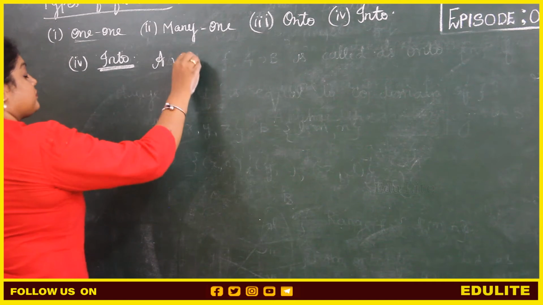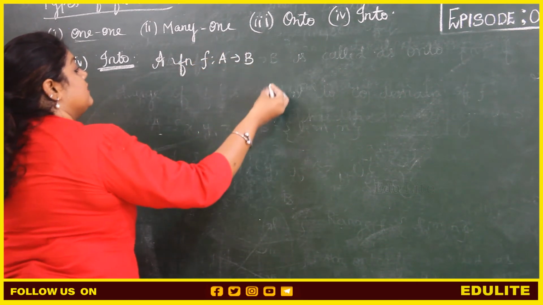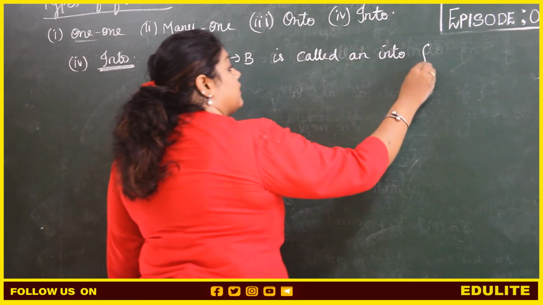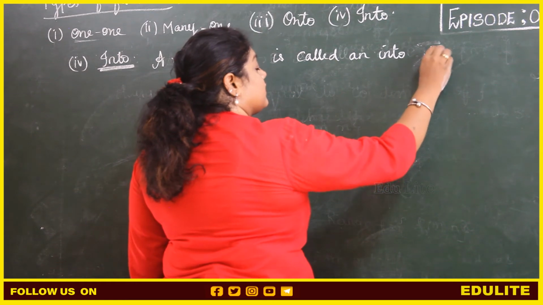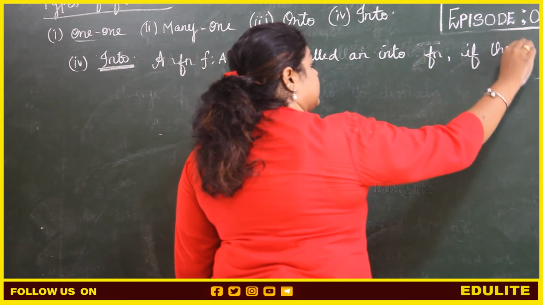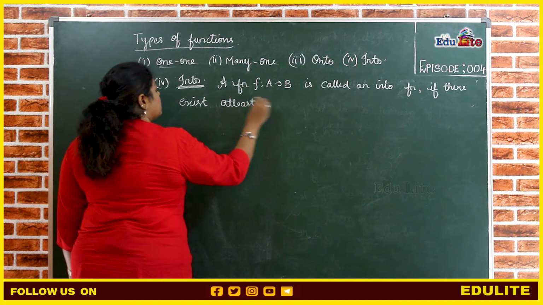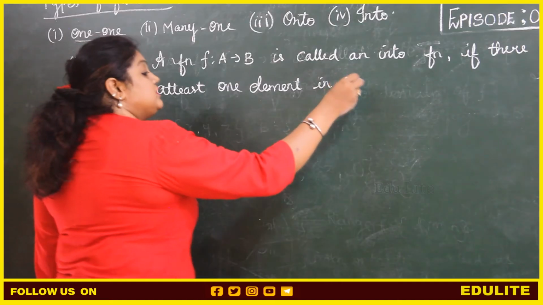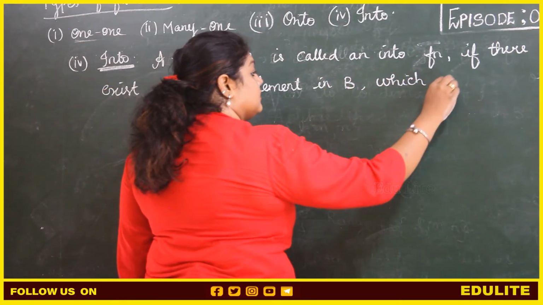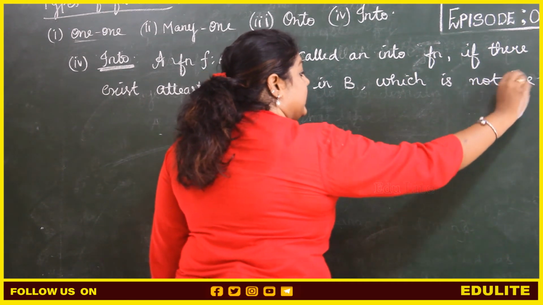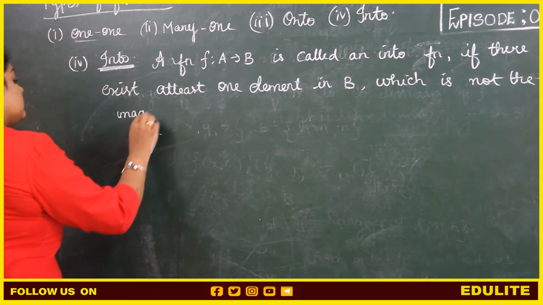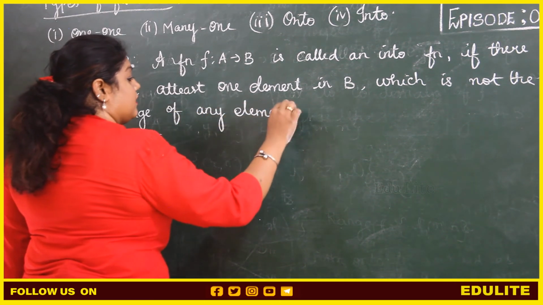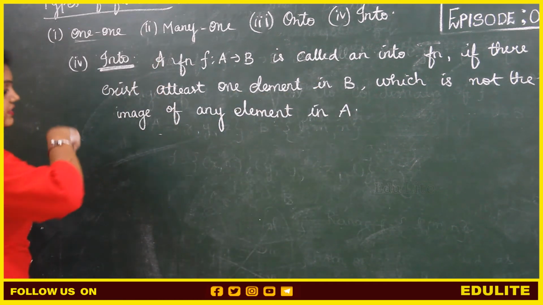A function f, a mapping from A to B, is called an into function if there exists at least one element in B which is not the image of any element in A. Okay, so let us see this with an example.